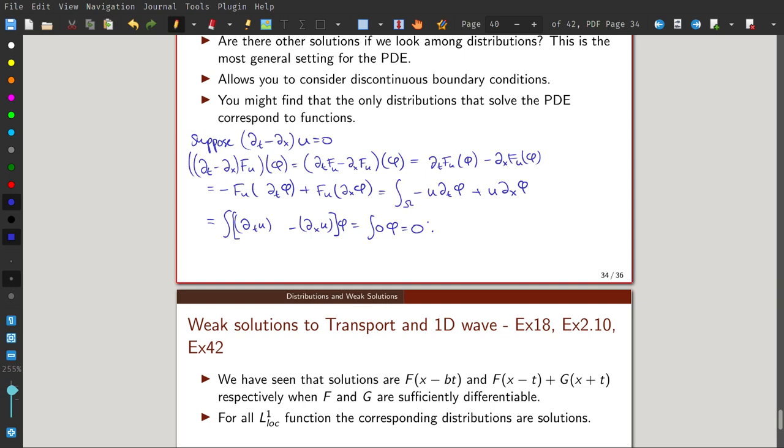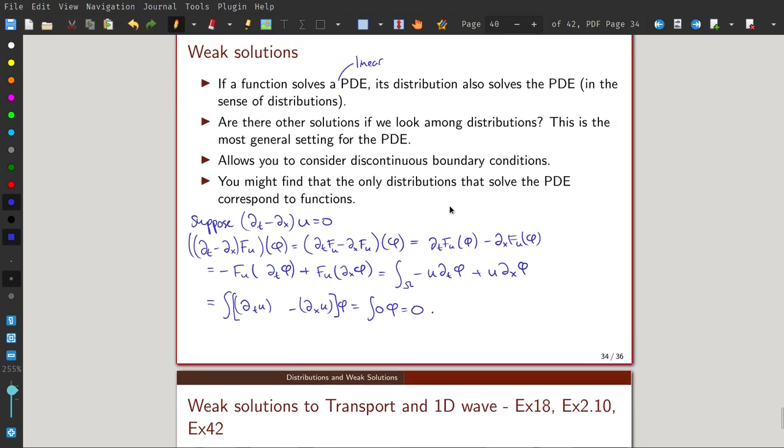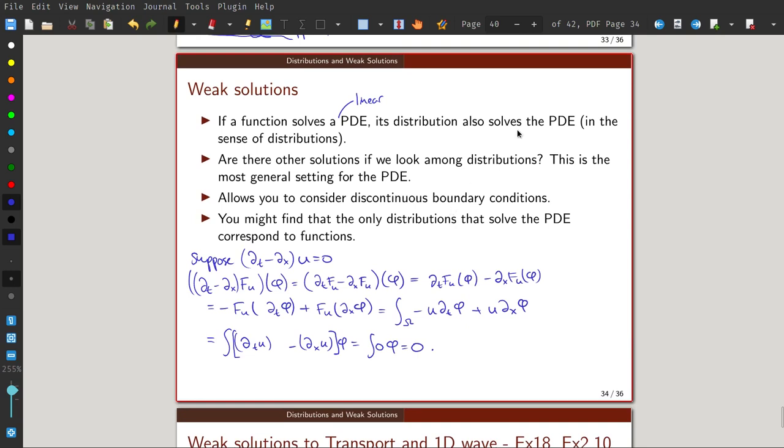All right, so this is why partial differential equations in the sense of distributions generalize partial differential equations in the sense of functions. Because any function that solves a linear PDE, its corresponding distribution will as well. Notice that we needed the assumption of linearity in order to apply the integration by parts formula to bring it across to u.